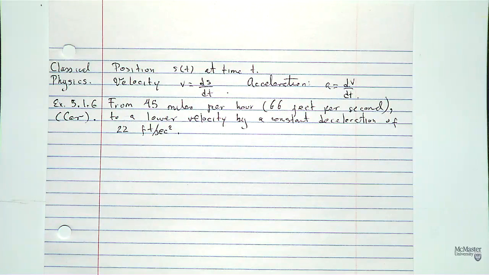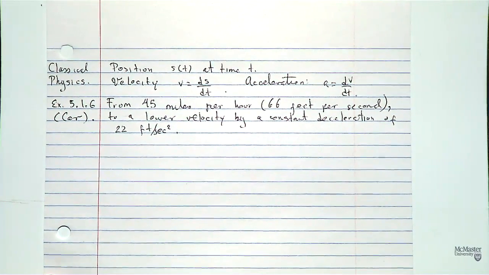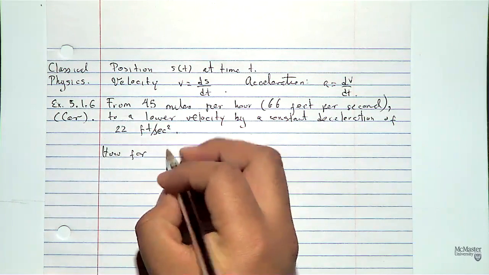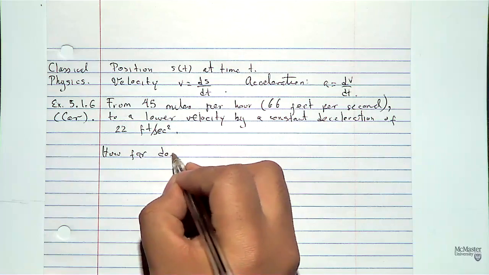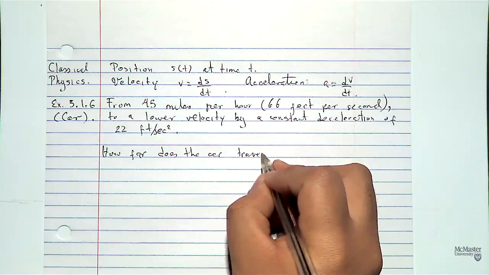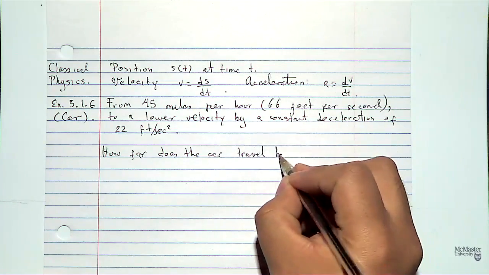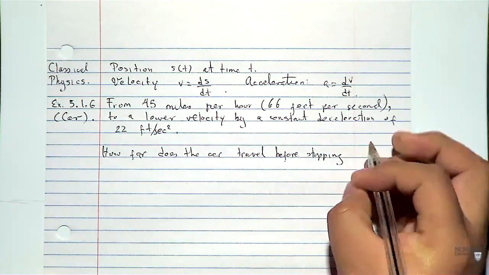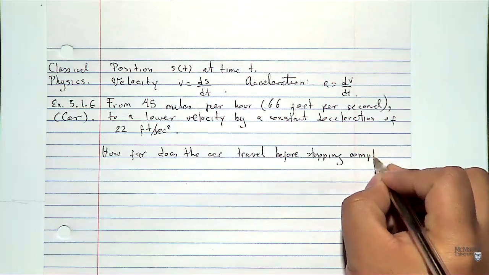And of course the units, I mean, because the acceleration is a second derivative, that's why you have the second squared. And the final question is, how far does the car travel before stopping completely?